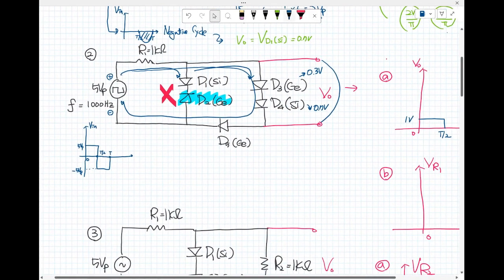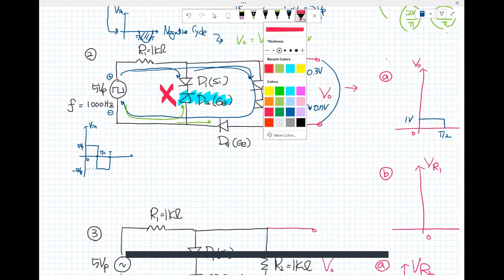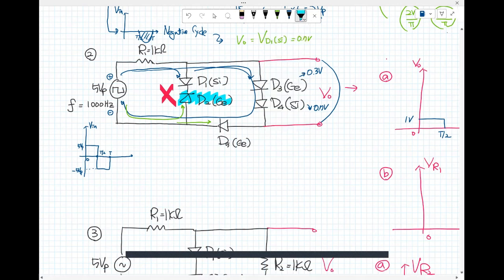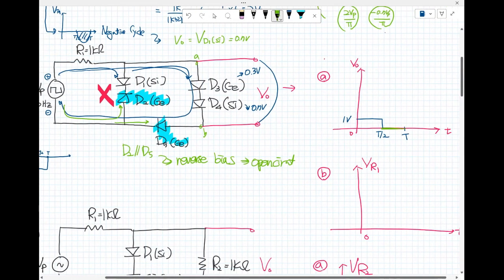Okay. That was for like this one. So for this case, it is also reverse, the 2 reverse bias, D2 and D5. I'm going to write in here. D2 and D5 reverse bias. The open circuit means that there was nothing in here, the point A and B point. So that was what? 0.